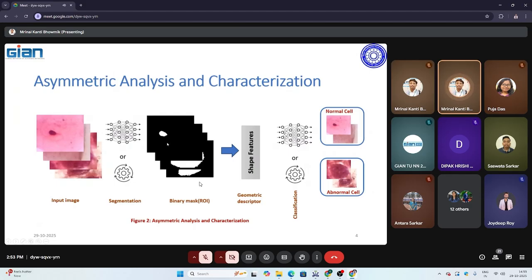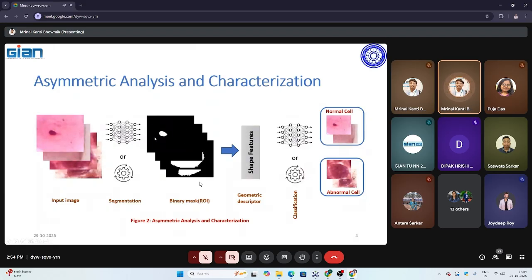For this segmentation procedure, you can use traditional image processing techniques like adaptive thresholding or other edge detection techniques and morphological operators for segmenting the nucleus region. Or you can use deep learning based architectures like UNet or any other CNN based architecture to find out this nucleus area only.